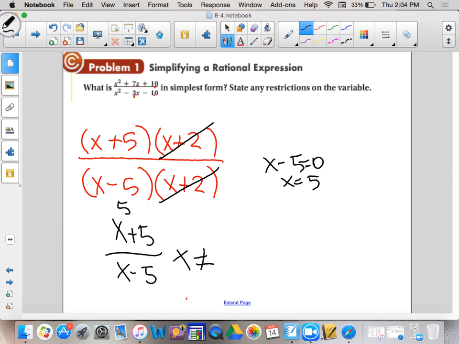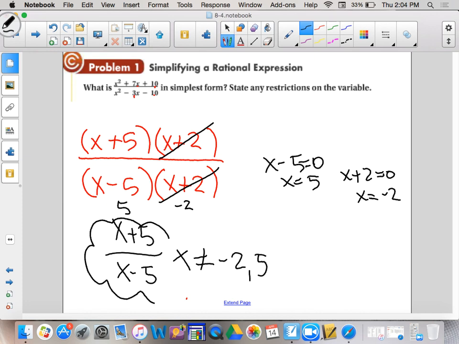If I take x plus 2, set it equal to 0, and solve it, I get x equals negative 2. So I can't have a 5 on the bottom, and I can't have a negative 2 on the bottom, because if I do, I'm going to get a 0, and we can't have a 0 in a fraction. So my restrictions would be negative 2 and 5.